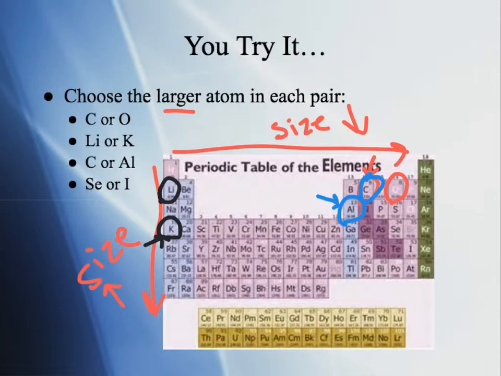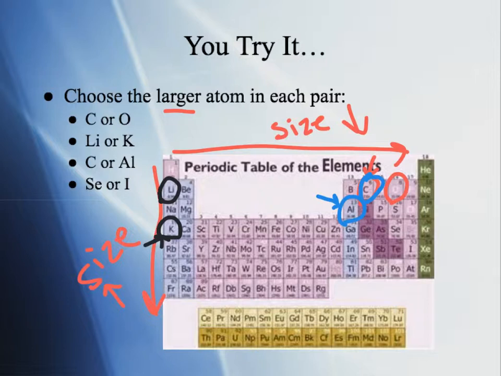So in this one, aluminum is going to be bigger than carbon because aluminum is one row down from carbon, right? So that increases its size. And then carbon is one group to the right of aluminum, so that decreases carbon's size. So either way you slice it, aluminum is going to be the bigger element.